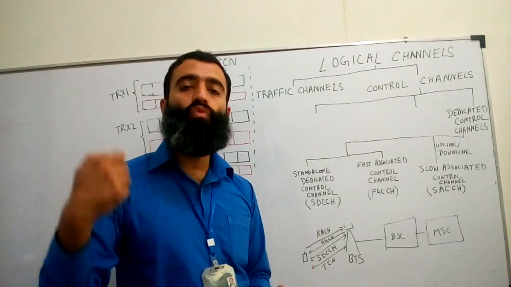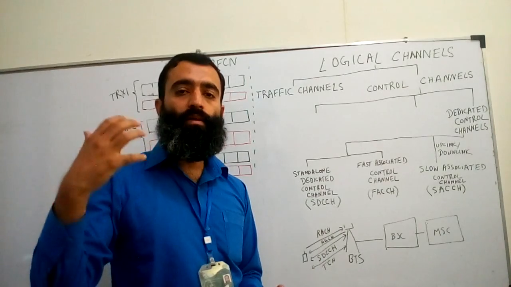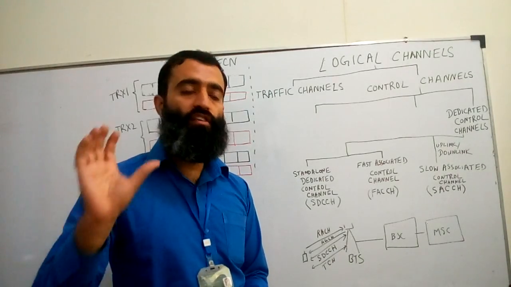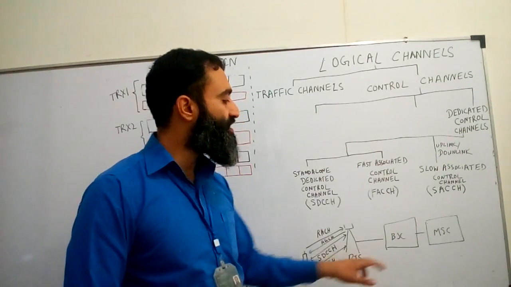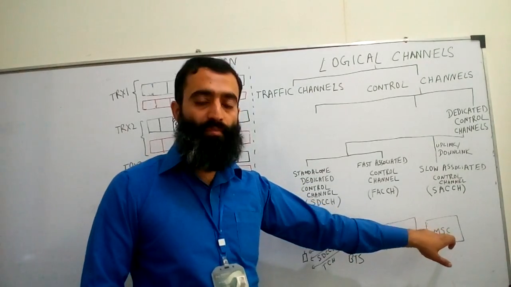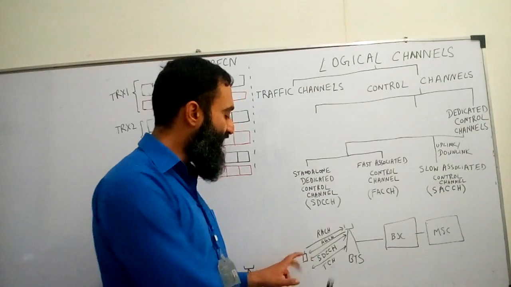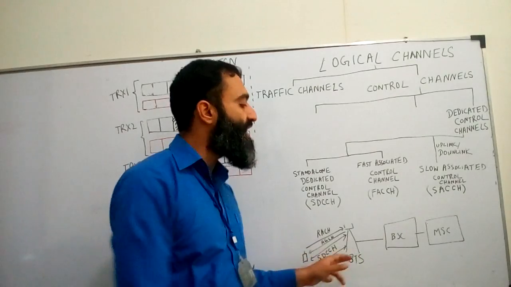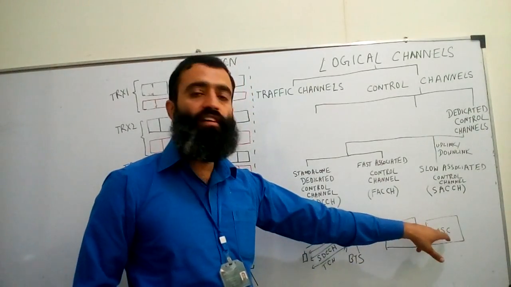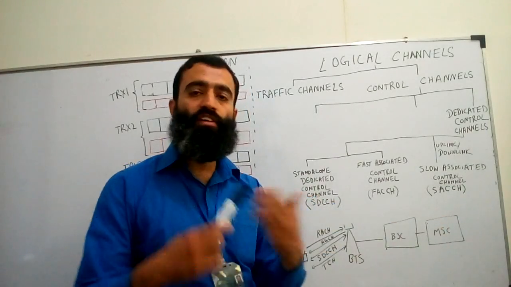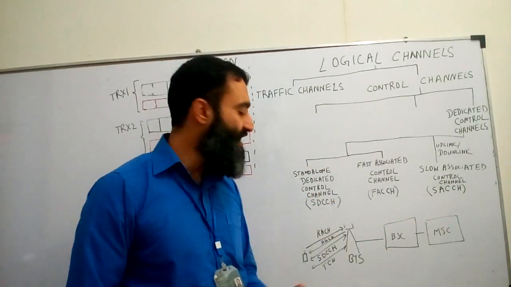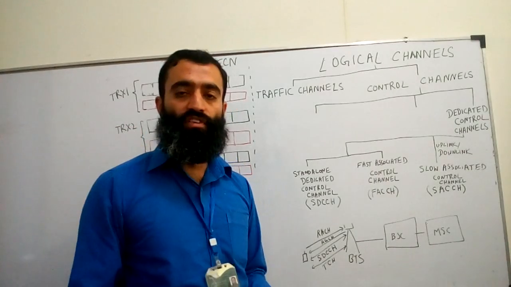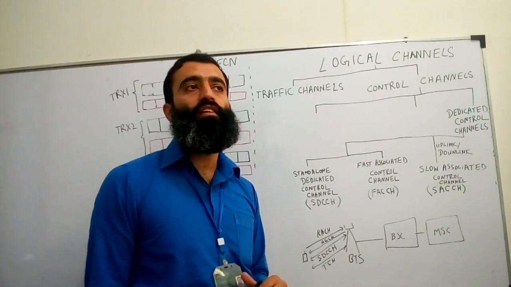Now, when a mobile wants to connect to a network, the network has to verify whether this is a valid network user or not, and this verification procedure is done by the MSC. The signaling that is carried out between the mobile station and the BTS, and which is also communicated with the MSC, is carried on the standalone dedicated control channel while the user is being verified.